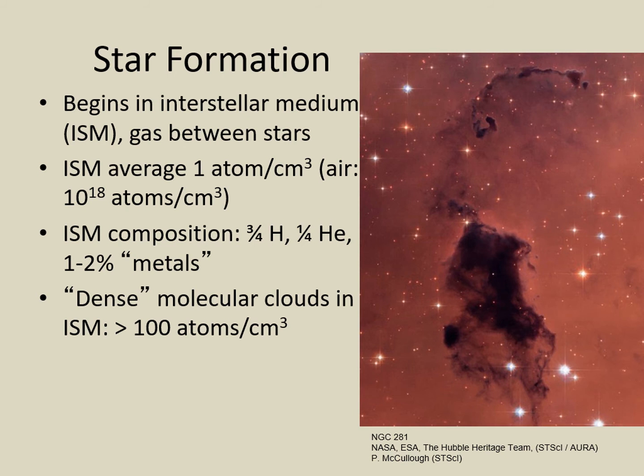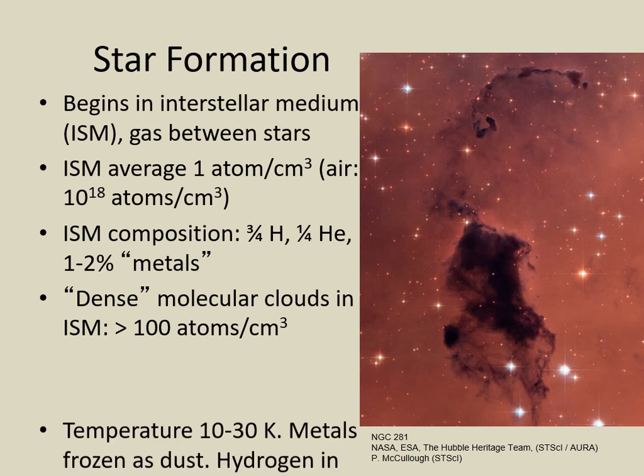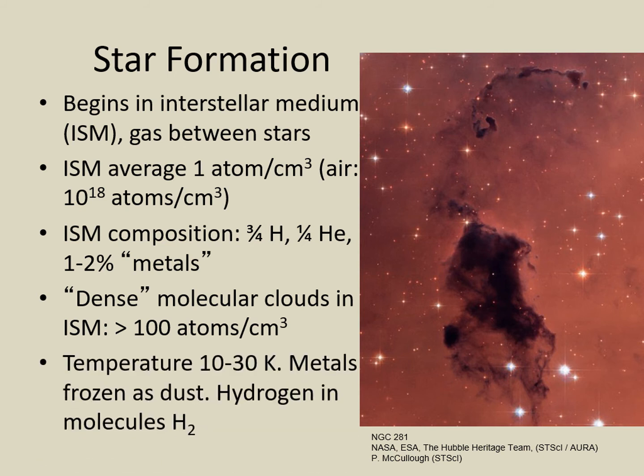This is still low density by terrestrial standards, but it's high density compared to the area around it. These dense clouds are also cold, typically only 10 to 30 Kelvin. At these low temperatures, virtually all of the heavy elements, the ones we call metals, are frozen out as grains of dust.